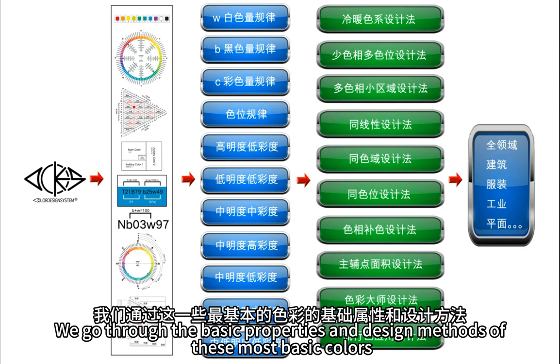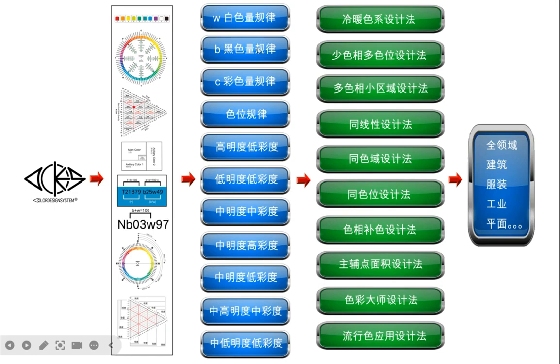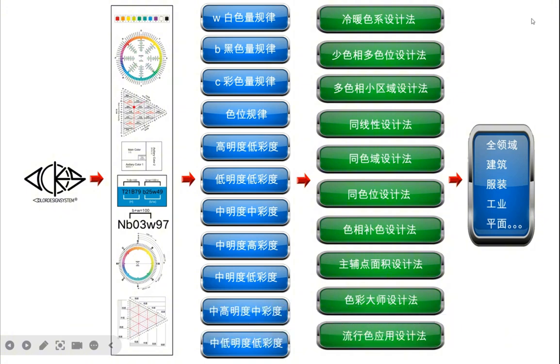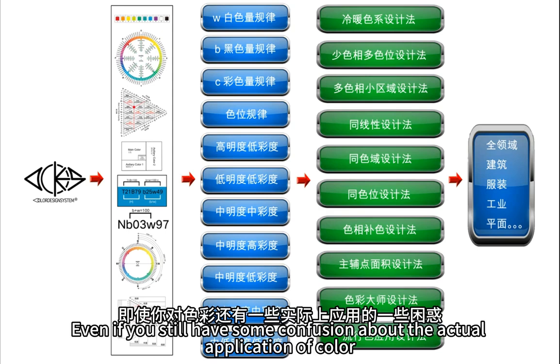We go through the basic properties and design methods of these most basic colors. Let me tell you how to use color design and how to face it, even if you still have some confusion about the actual application of color.